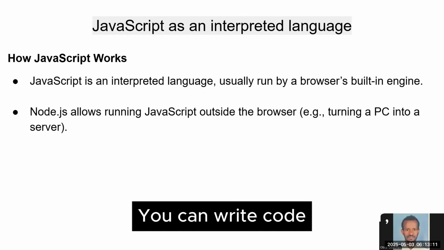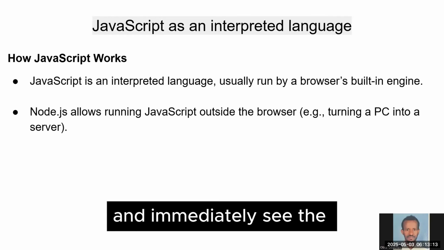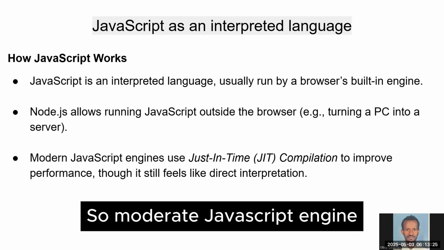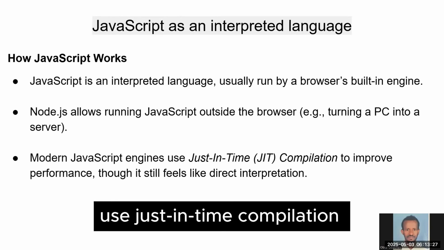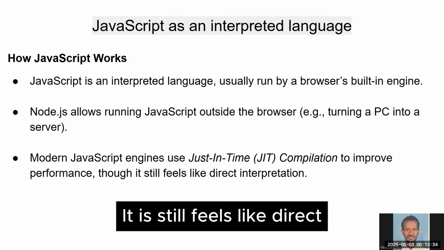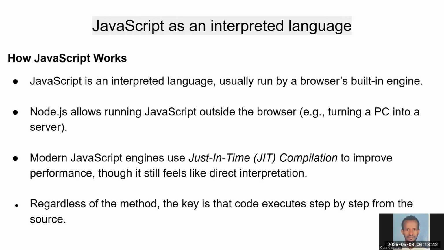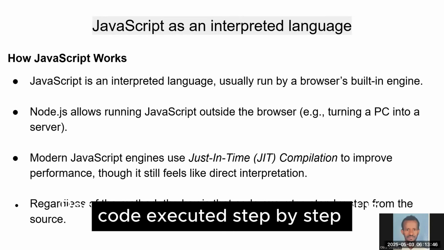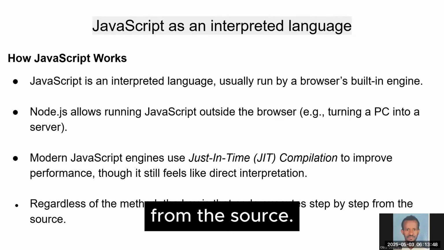You can write code in your text editor and immediately see the results in the browser. Modern JavaScript engines use just-in-time compilation to improve performance. It still feels like direct interpretation. Regardless of the method, the key is that code executes step by step from the source.